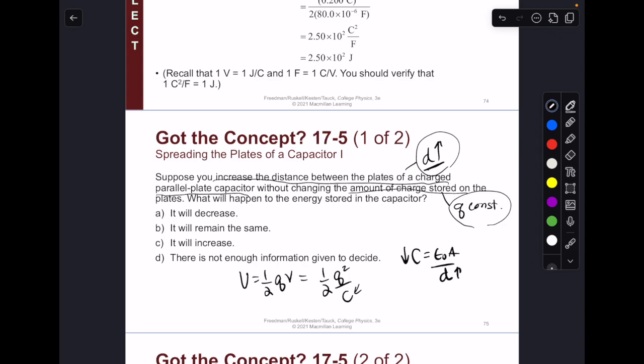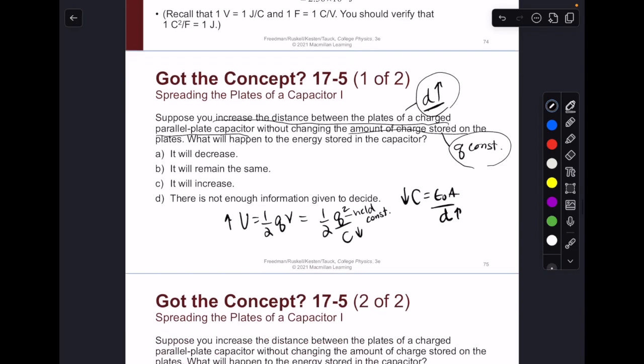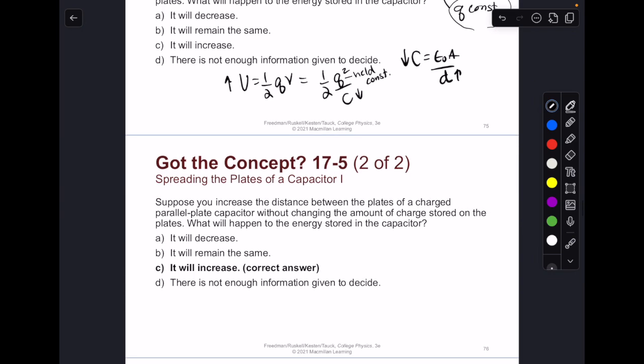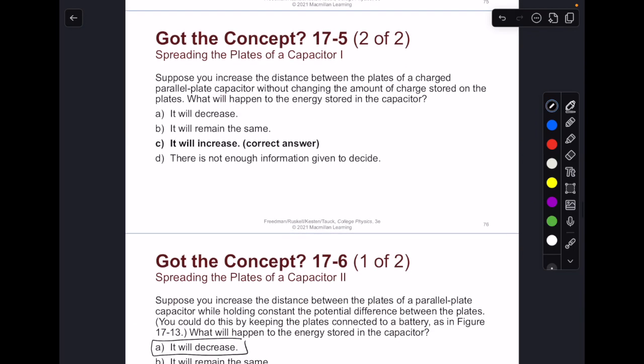And so now we bring it over here into the energy equation. If C decreases, then U increases, right? Because it's inversely proportional. And Q is held constant. So we can see that the energy will increase if we increase the distance between the plates while holding the charge constant. So, oops, there's the answer.